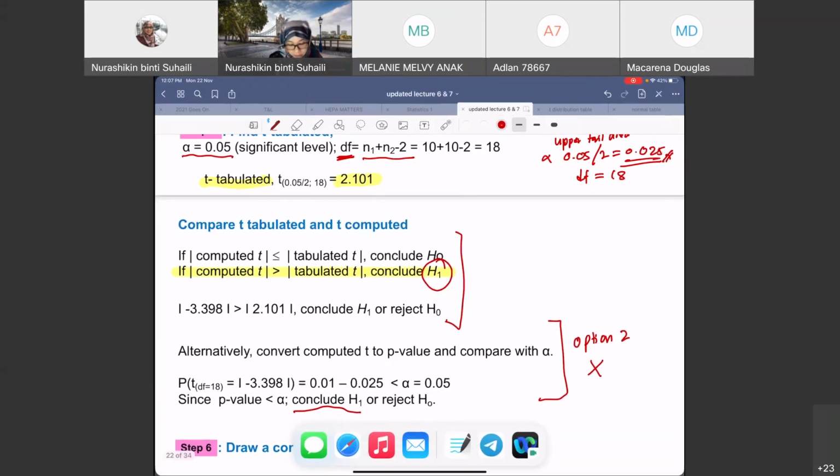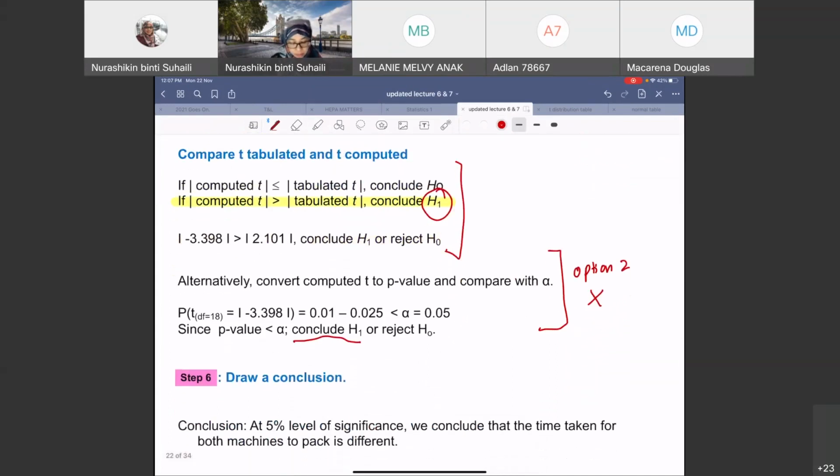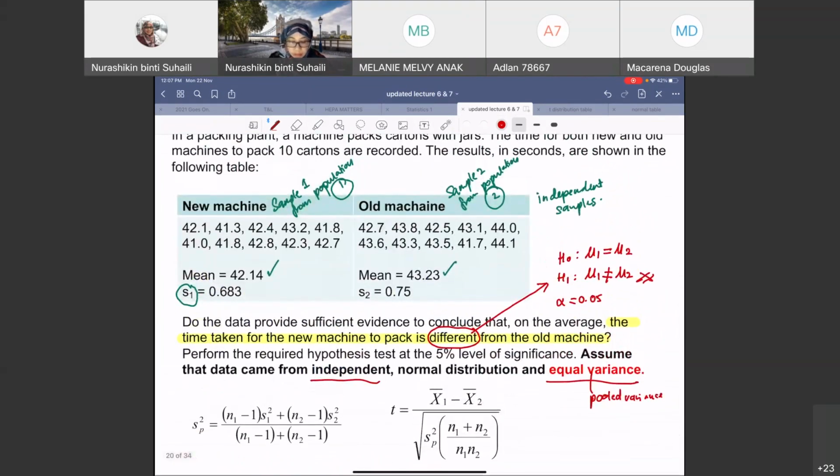Okay, so now you know that you accept the alternative hypothesis. So the conclusion, write a proper sentence: at alpha 5% level of significance. If let's say you forgot what your hypothesis is, here mu1 is not equal to mu2.